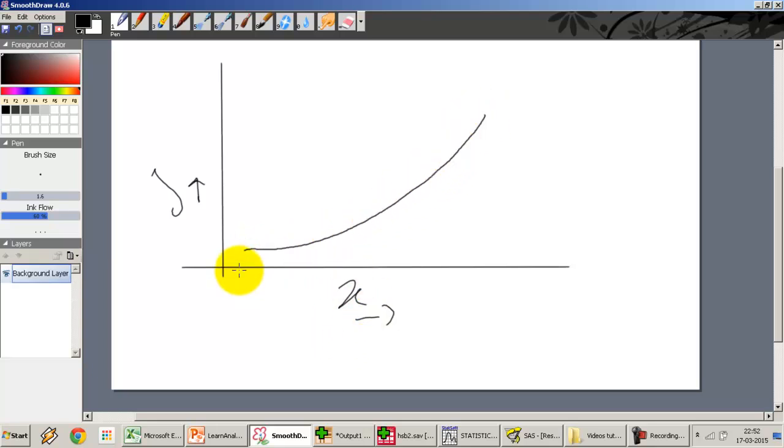Even though this is an exponential relationship, not a linear relationship, it is a monotonic relationship because it has only one direction. Similarly, this is also a monotonic relationship. It's a logarithmic relationship between x and y. As x increases, y also continues to increase.